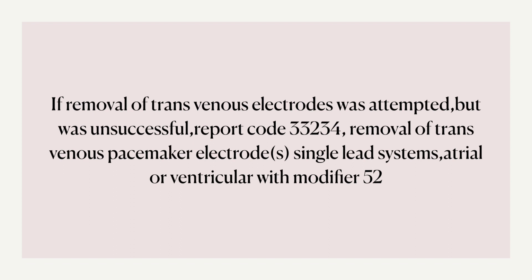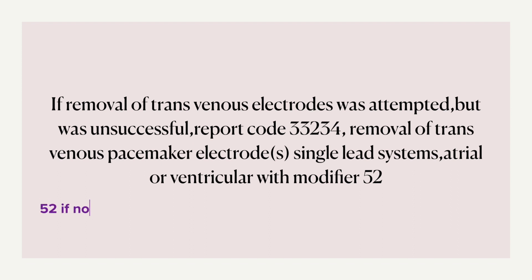Look at the scenario. If the removal of transvenous electrodes was attempted but was unsuccessful, we can report code 33234, removal of transvenous pacemaker electrode, single lead system, atrial or ventricular, with modifier 52. And we can use modifier 53, discontinued procedure, depending upon the circumstances why the procedure was stopped.